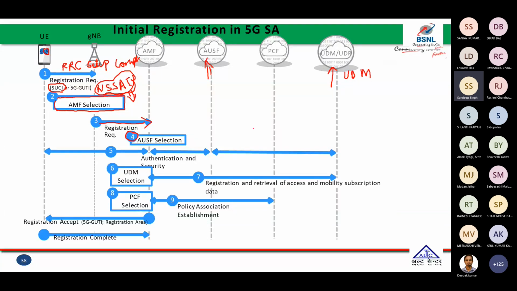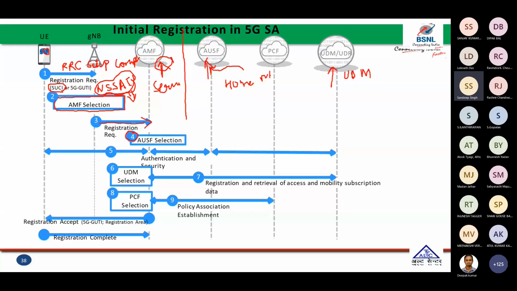But the final authentication is done only by the AUSF. The AMF is only for the serving network, and the AUSF is responsible for the home network. That means the AMF may be from the home network or from some other PLMN or roaming network.